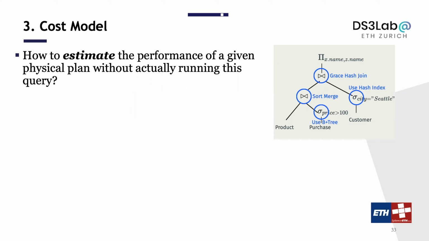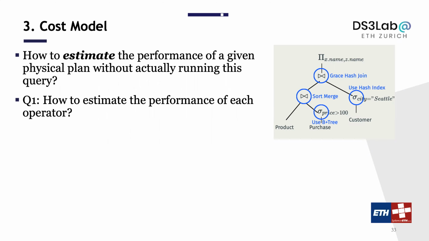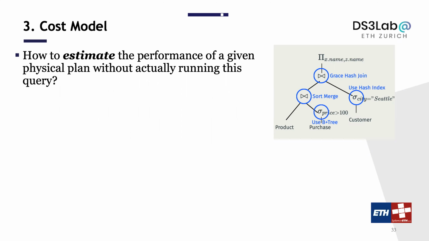I cannot run my physical plan over my data, but I need to estimate it in order to pick the best one. So the role of the cost model is really to try to estimate the performance of a given physical plan without actually running it.